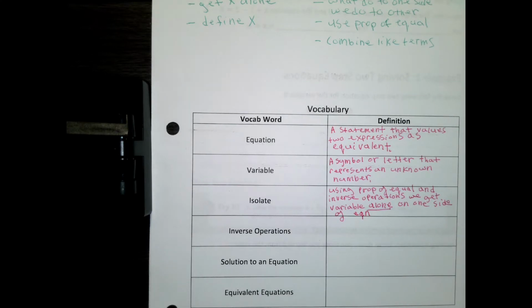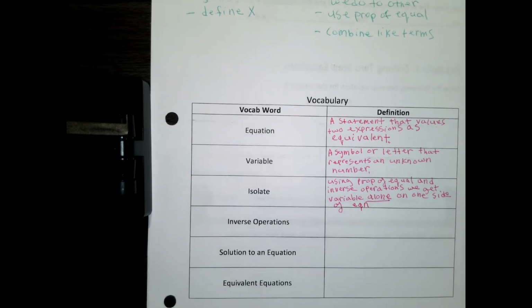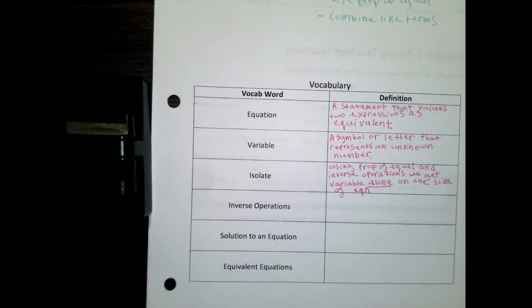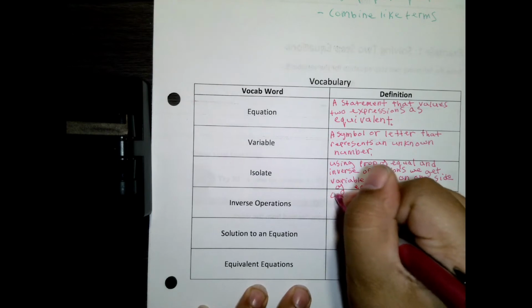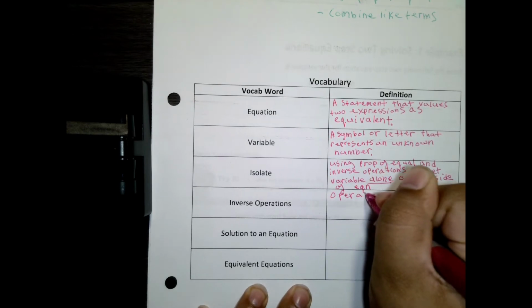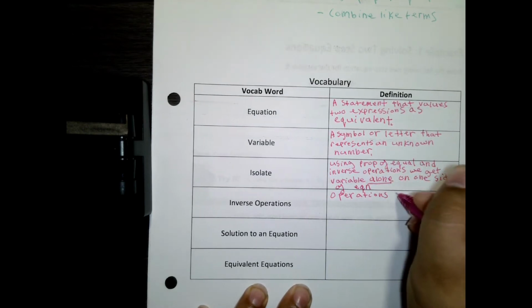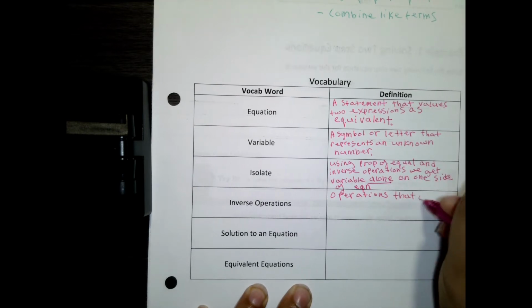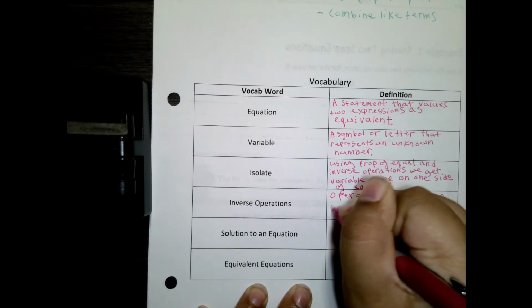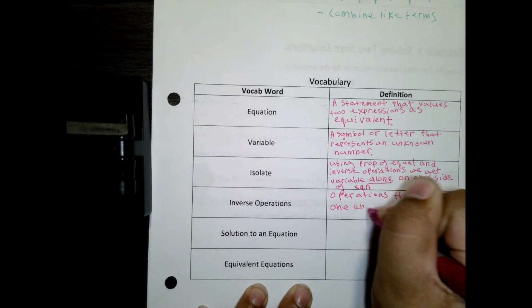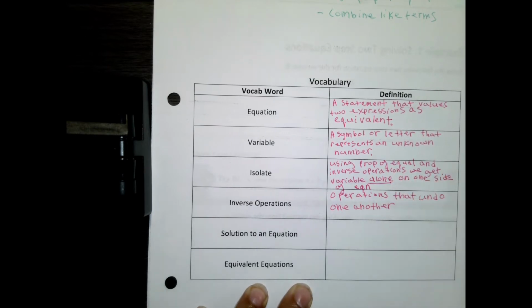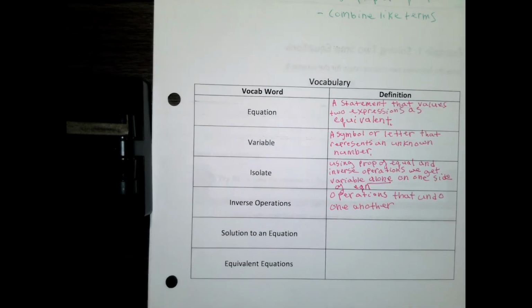So we talked about inverse operations, but what exactly are inverse operations? They're operations that undo one another. So what's an example of an operation that undoes one another?